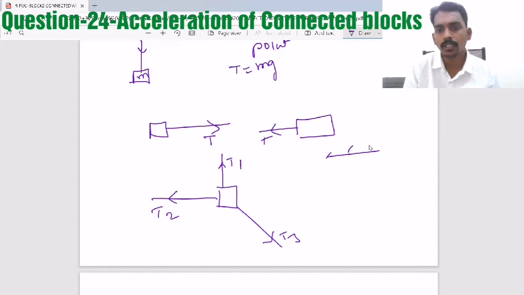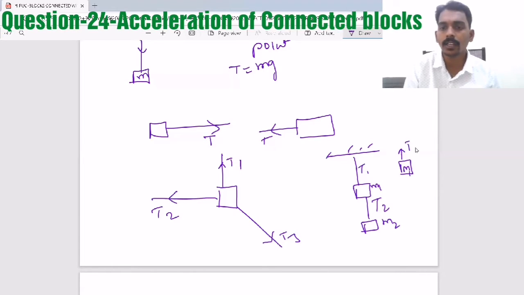Now suppose you consider one block and another block, with tension T1 and T2, this is M1 and this is M2. For M1, the tension T1 direction is upward and T2 is downward. For M2, the same T2 is upward because the string is connected up, and downward the weight will also be there.